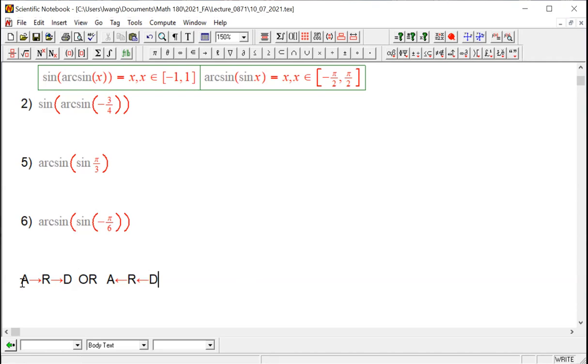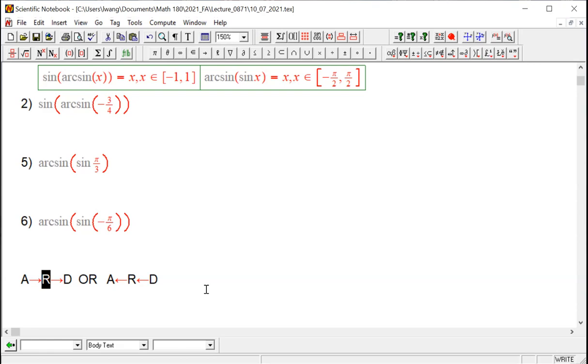So you're either given A to find D. D means definition, the 6 definitions: sine, cosine, tangent, cotangent, secant, cosecant. Or you're given the definition and you're looking for A, the angle. And what's R? R is the bridge.